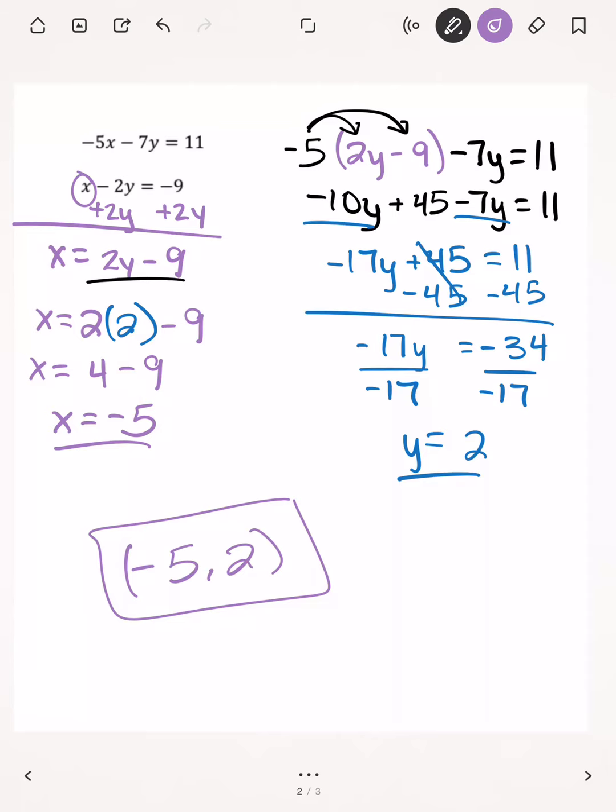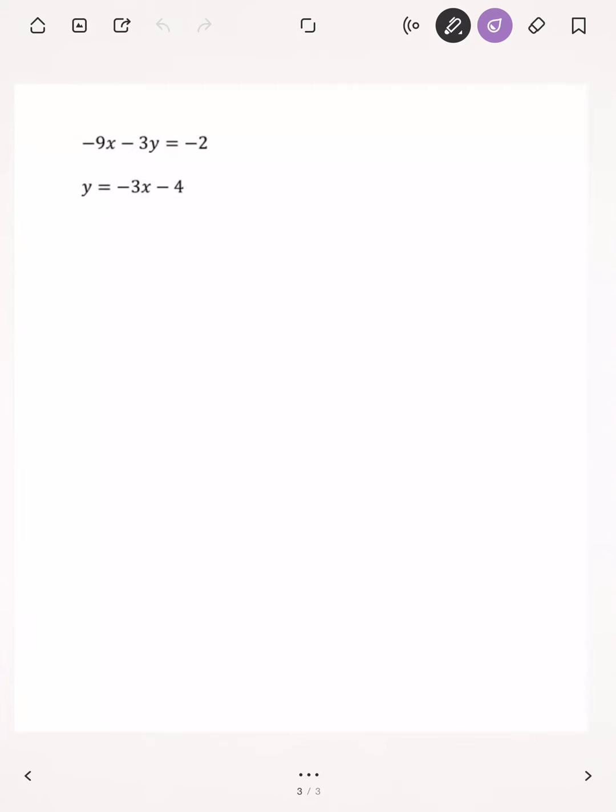Looking at my third and final example for the substitution method, I have negative 9x minus 3y equals negative 2, and then I have y equals negative 3x minus 4. This one is already solved for y, so I don't have to do that. It's already solved for the variable I want.